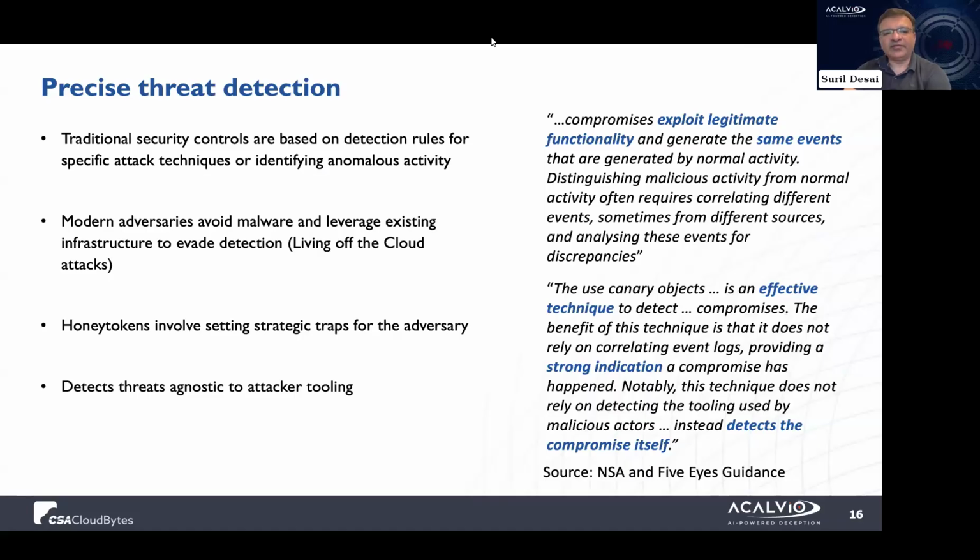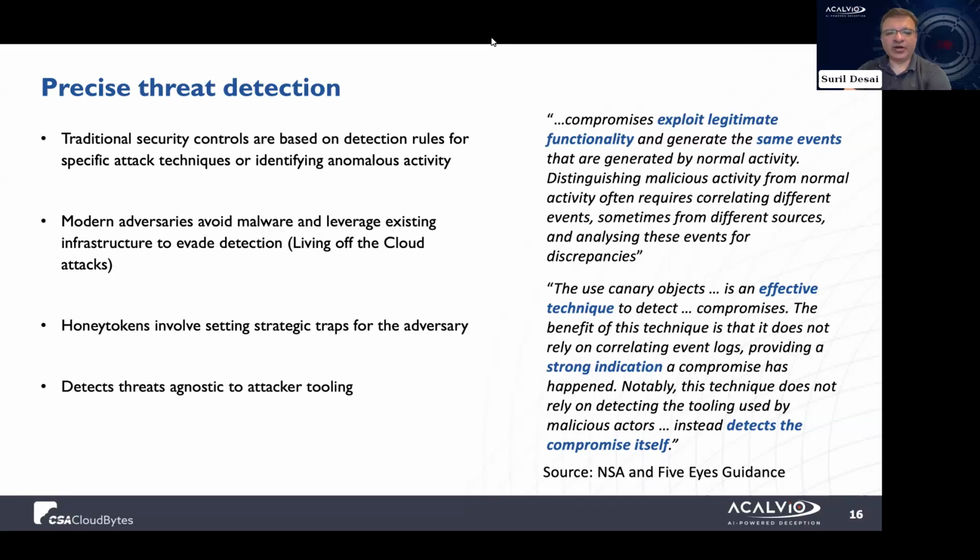One other important benefit of honey tokens is the precision in the detection. Traditional security controls are based on detection rules, which are looking for very specific attack techniques or looking for anomalous activity.